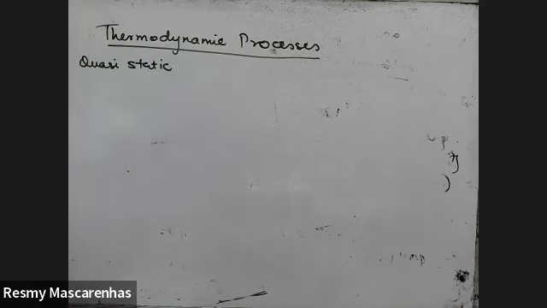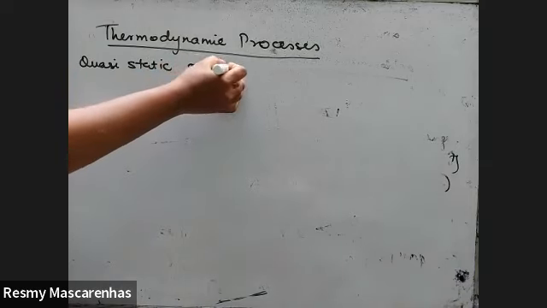Then we will see the main four processes. Before that, we'll just say what a quasi-static process is.